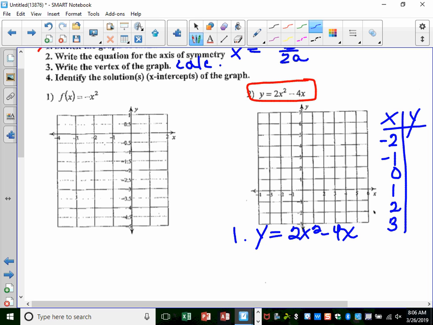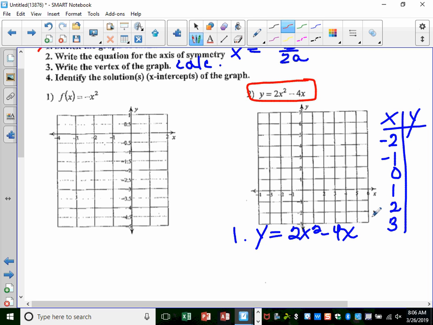I'm going to use -2, -1, 0, 1, 2, 3. Obviously I have 6 numbers, but I think one of these is going to be too large to graph, so I just added another number. Try to pick numbers that will actually fit onto a coordinate plane, because you don't want to have numbers like 16 and 20 and so forth. Sometimes you might have to choose different numbers.